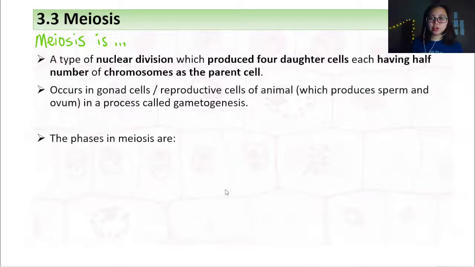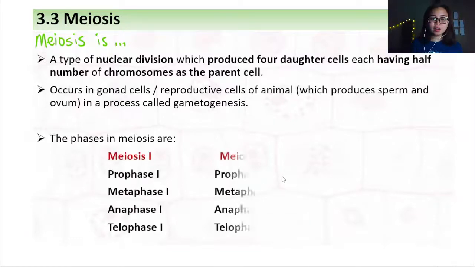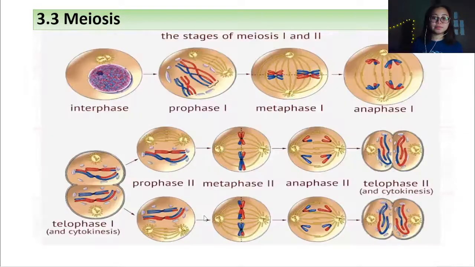There are several phases in meiosis, and the phases or stages are prophase 1, metaphase 1, anaphase 1, telophase 1. And prophase 2, metaphase 2, anaphase 2, telophase 2. Dia masih ikut urutan pro, meta, ana, telo, cuma dia ada tambah satu ataupun dua di belakang.